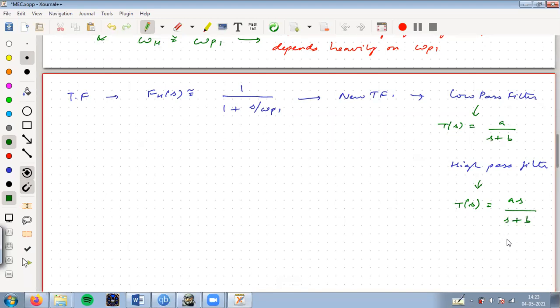But here in this case, we are assuming that zeros are at infinity, so they do not come into the picture, and I'm taking omega p1 as my dominant pole.